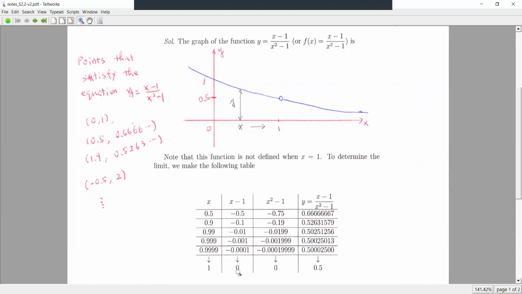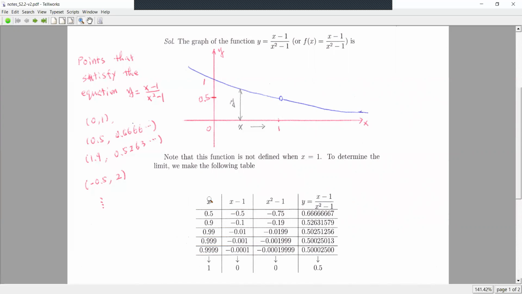The second column is for the numerator. The third column is for the denominator. The last column is for the dependent variable y. y is f of x. y is the function.